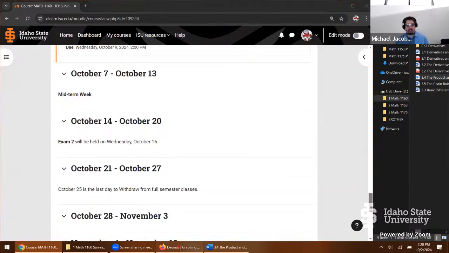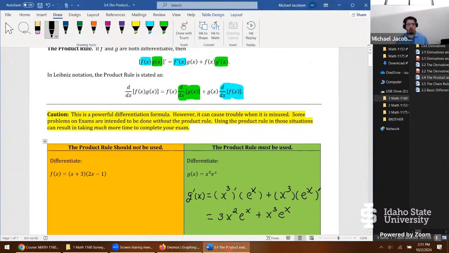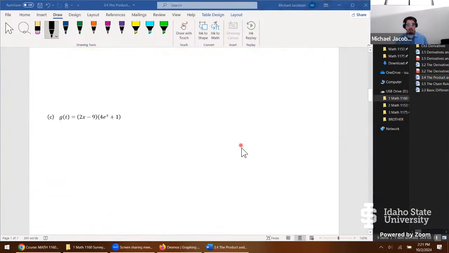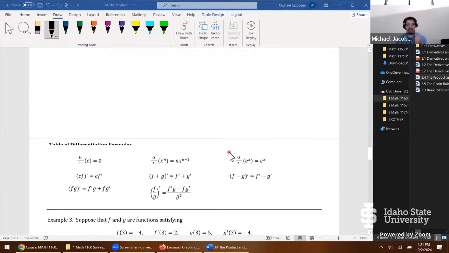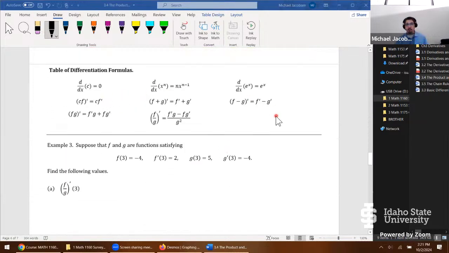And I would say for these kinds of problems, let me go back here. I would provide some of these formulas. It would look about like this. On the real exam, once I get that sheet put up, I'm going to try to work on that soon, I would give this table right here of differentiation formulas. So you would know that you have the product rule right here, the quotient rule.